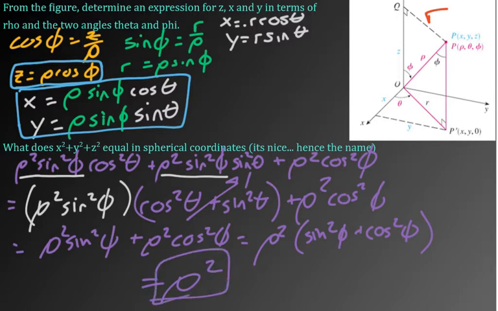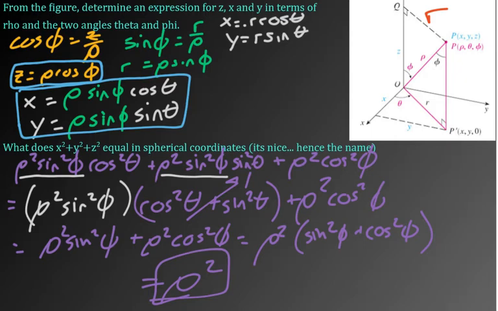That shouldn't be surprising, because the equation of a sphere centered at the origin, which is what we're doing, has x squared plus y squared plus z squared equal to the radius squared, and the radius is rho. So it should have equaled rho squared.